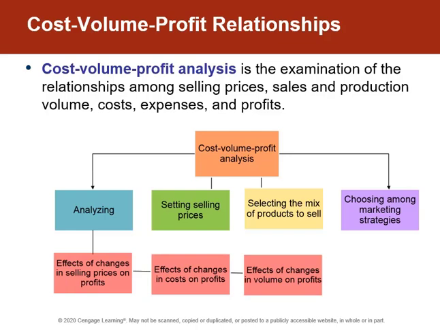So it could be that some of our more profitable products don't sell quite as well as the lesser profitable products, and so we may have to compromise and accept a mix including some of those less profitable items if that's what the market's demanding. And again, that can help to drive our marketing strategies. We want to push and market those products that are going to be the most profitable for the company.